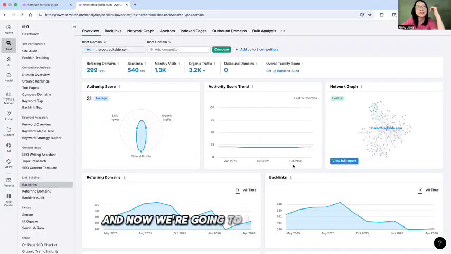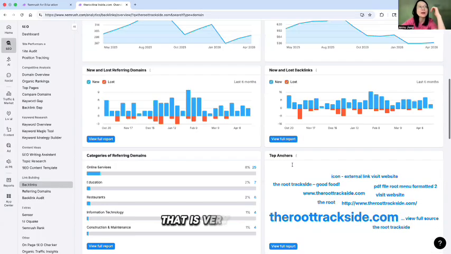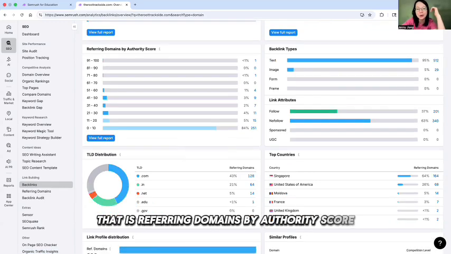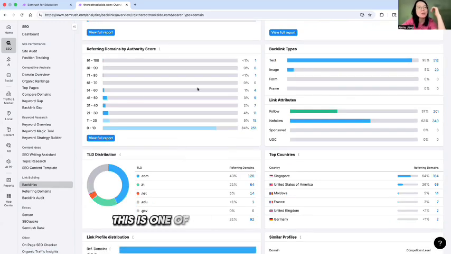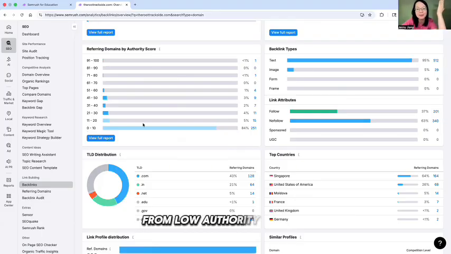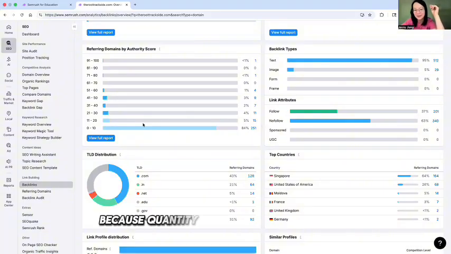And now we're going to look at one thing that is very important, that is referring domains by authority score. This is one of the most important areas. You can see that most referring domains are in the 0 to 10 authority score range. That means the site has many links from low authority sources. This is very important because quantity is not the same as quality.